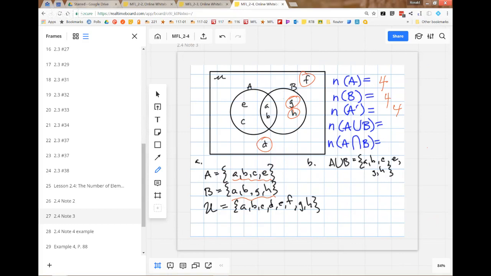Who said 2? I did. That would be the answer to the intersection. Oh. But how many are in the union? 6. Right. So this is partly review from what we've done before, and now we're just adding this count feature.